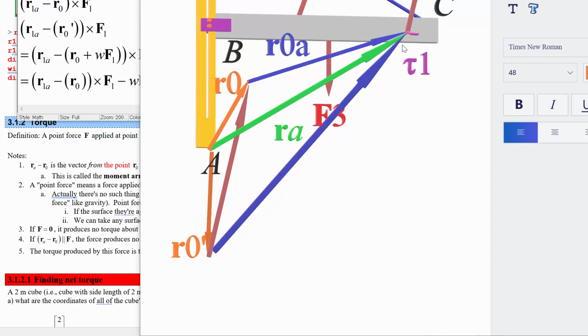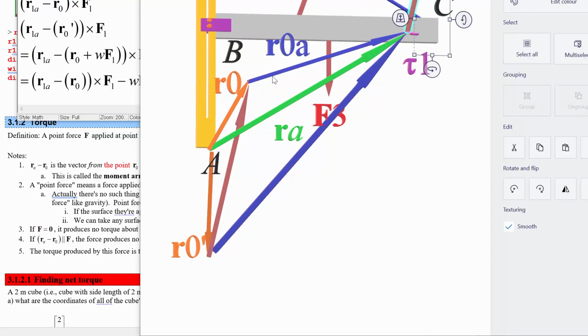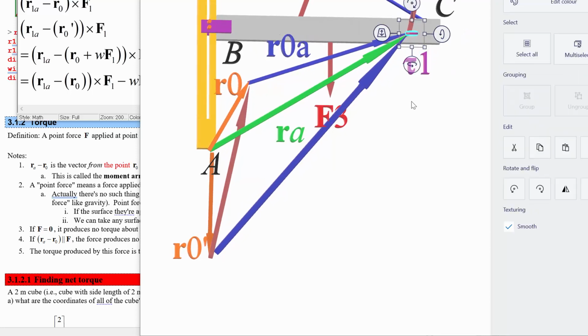What that means is all that mattered about this cross product, all that mattered to figure out the torque, was the part of this that is perpendicular, right?